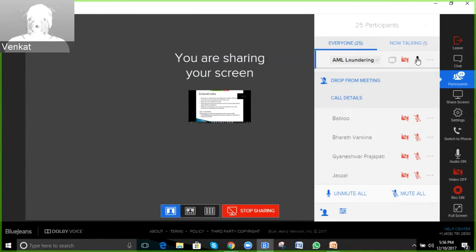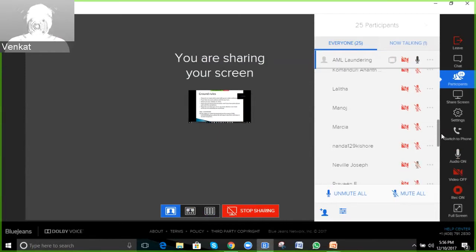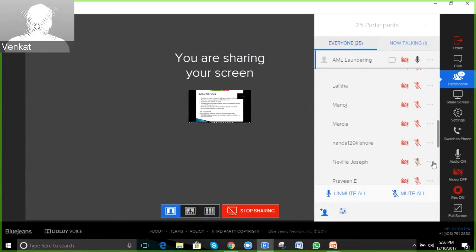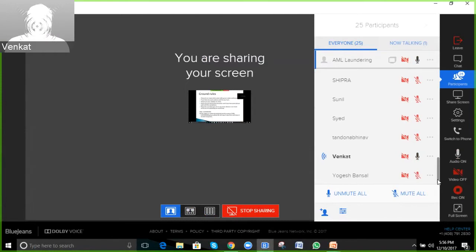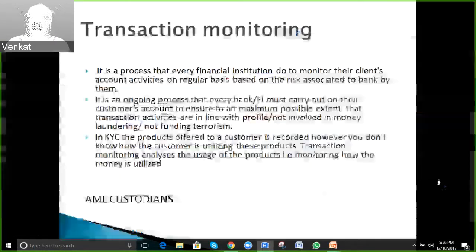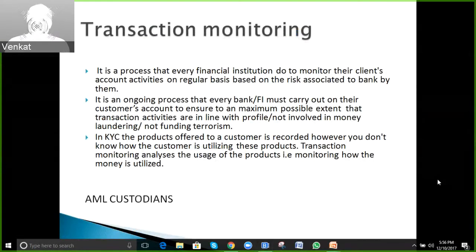Guys, first of all we need to understand how the alert gets triggered. It's not only system driven, it's also a manual alert which gets triggered. Whenever there is a breach of certain thresholds, the alert gets generated. What my friend just explained is absolutely correct.